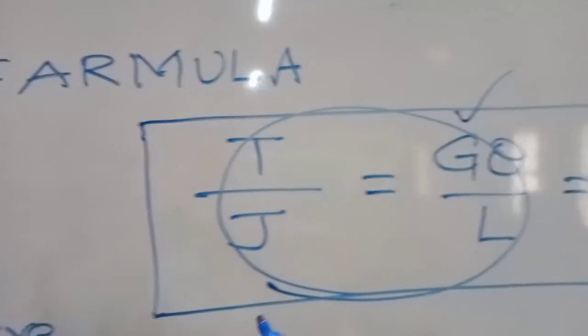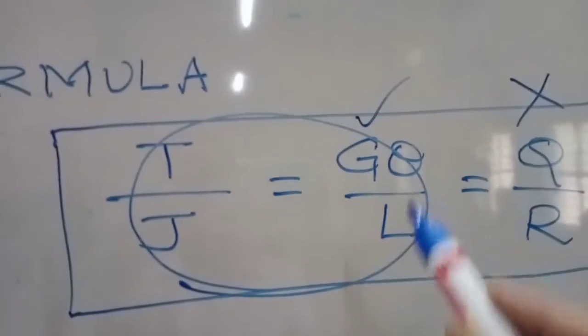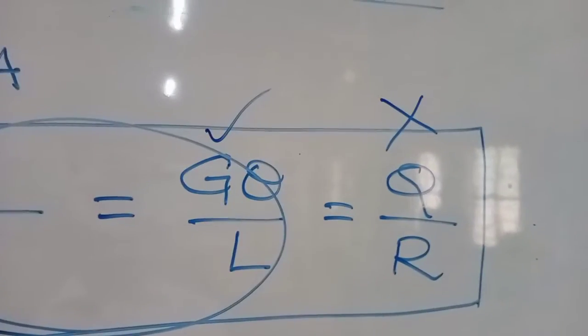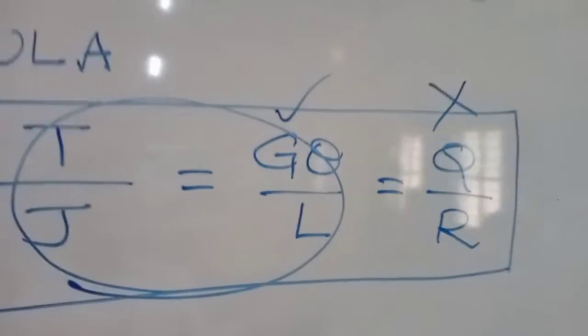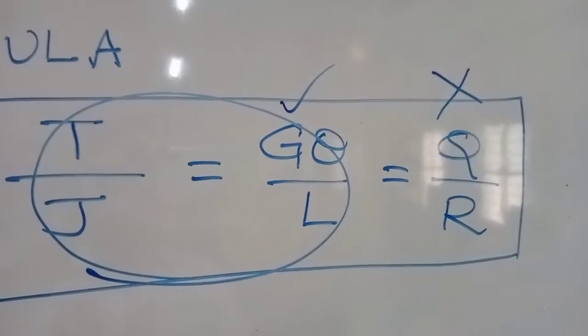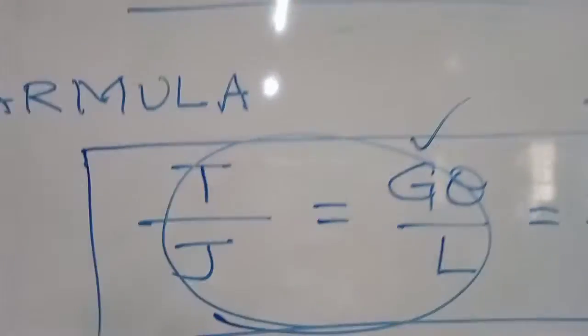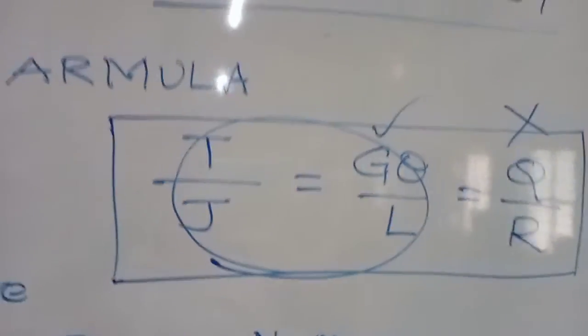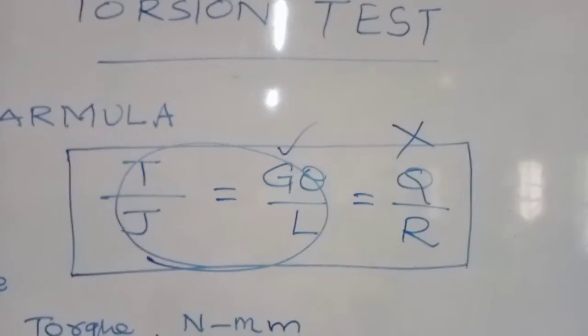These two things we get from the machine, and the G value we have to get. The theta value we get directly from the machine when the shaft twists. L, the length of the shaft, is given and we can measure it. That is how we did it on the torsion testing machine.